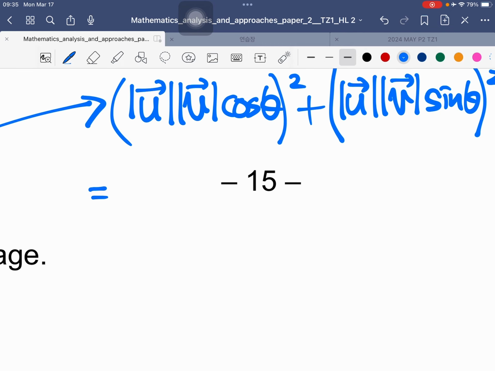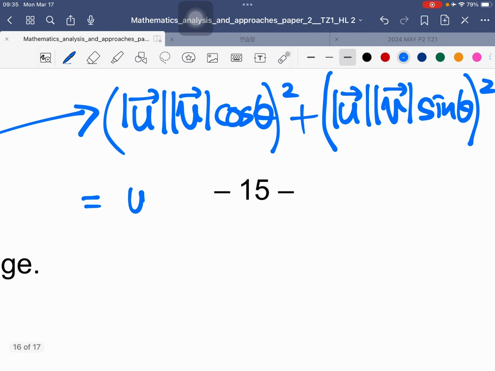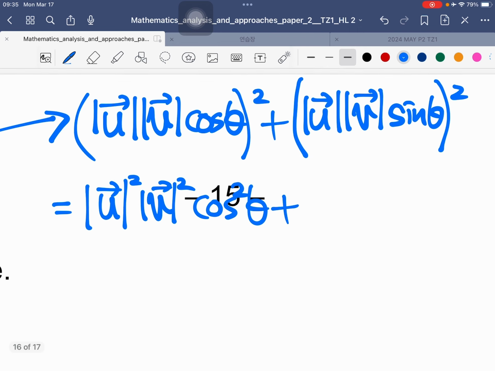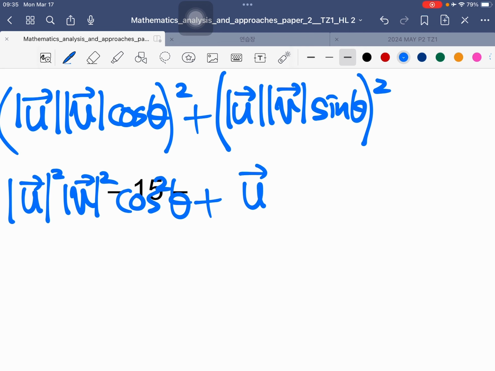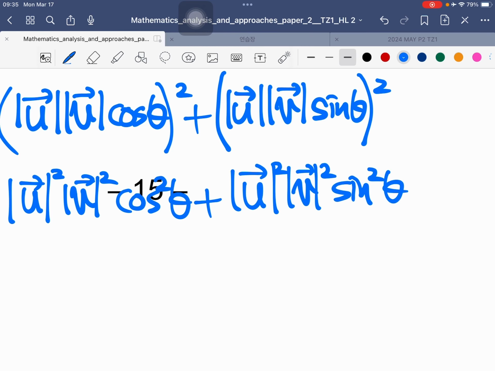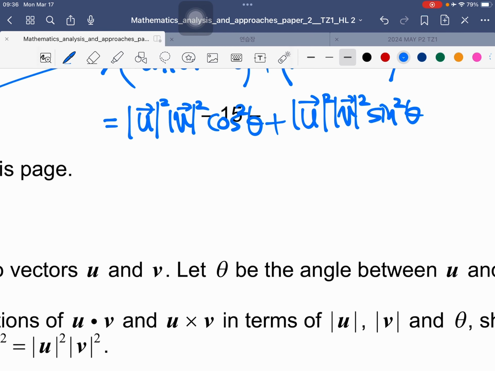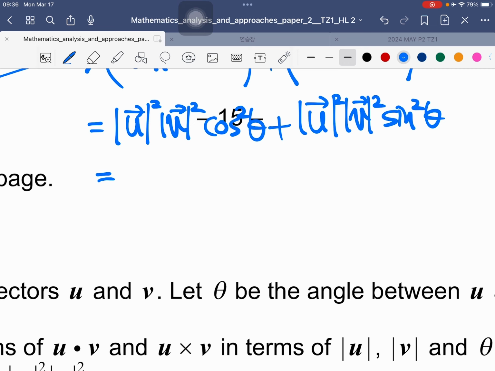So this one is the magnitude of u squared, the magnitude of v squared, times cosine squared of theta, plus the magnitude of u squared, the magnitude of v squared, times sine squared of theta. So you can factorize this expression. You can see the magnitude of u squared and magnitude of v squared in front.